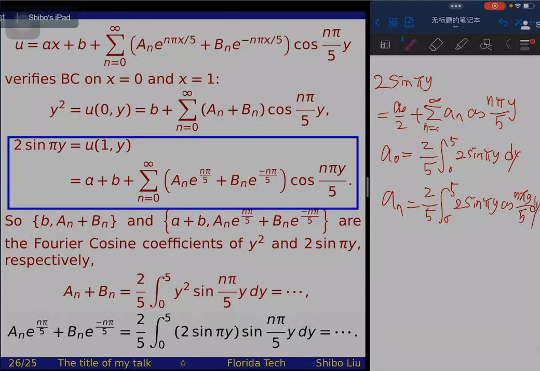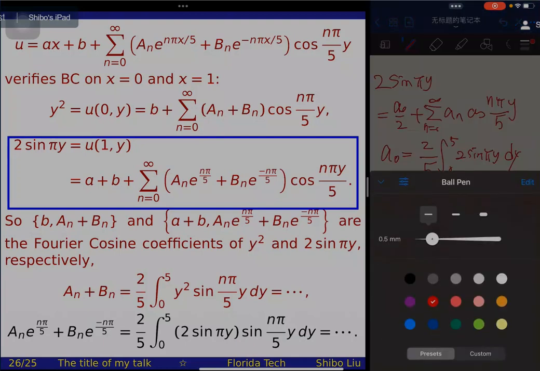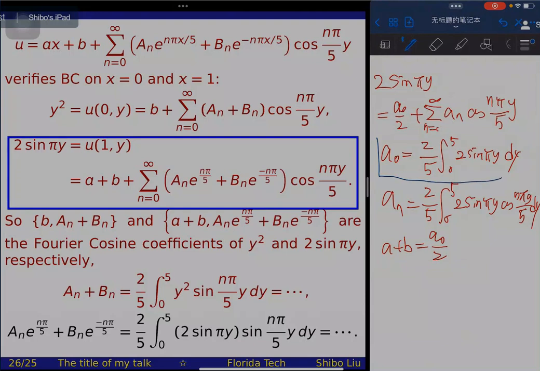So comparing with the Fourier cosine expansion of 2 sine pi y, you will see that a plus b is half of a0, where a0 you can compute. A0 is given by this integral, which can be computed.